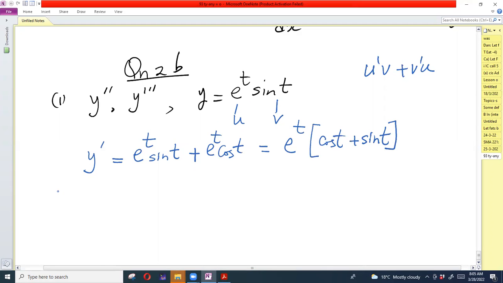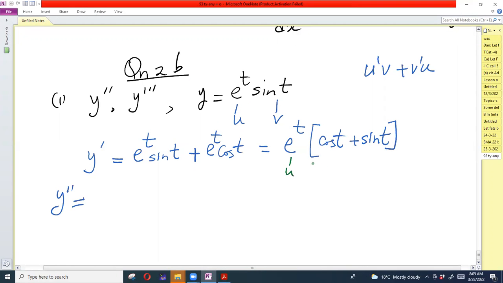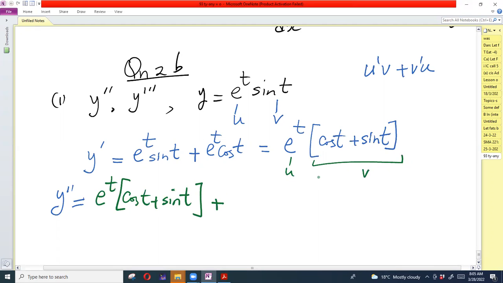Now from the first derivative, we get the second derivative, and still we use the product rule. So let this one be u, and all this bracket be v. So u prime is e raised power t times v, cos of t plus sine of t, and then plus u times v prime. e raised power t, and from this we get negative sine t, and from this part we get positive cos t.